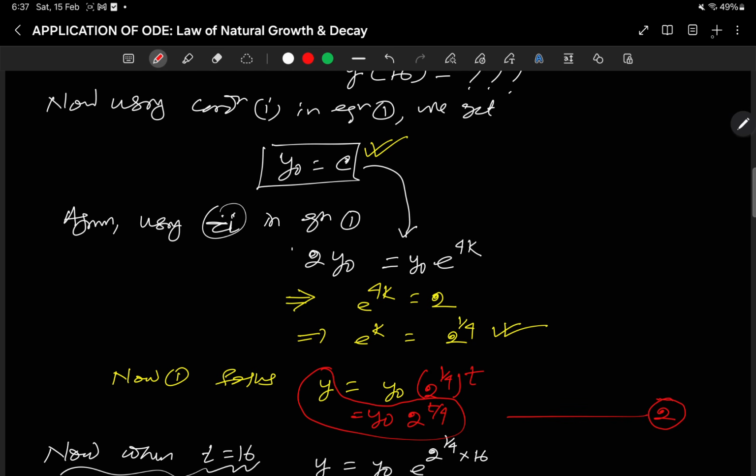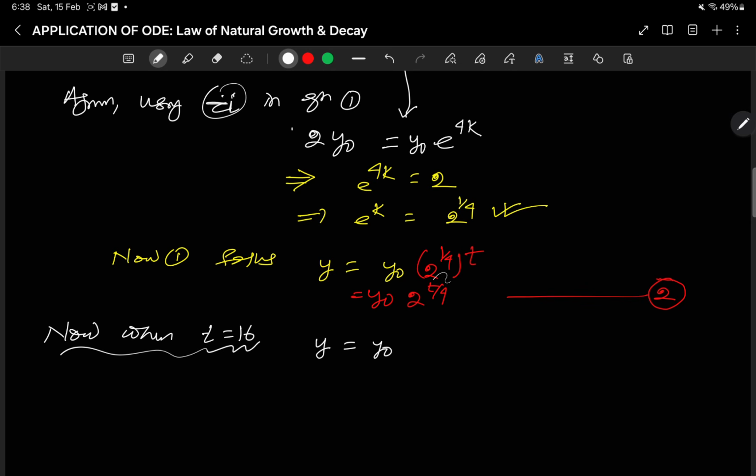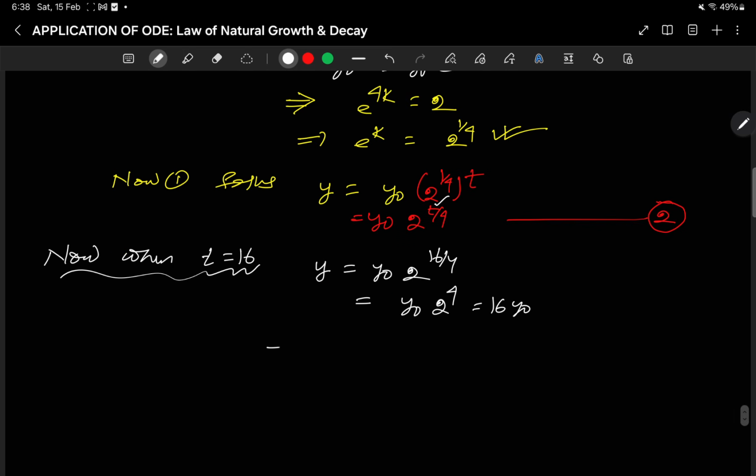Okay, now we substitute the value of t as 16. It is 2 to the power 16 by 4. This is equal to y0 into 2 to the power 4, so this is equal to 16y0. That means after 16 hours, y of t at t equal to 16 is 16y0. So what does it mean?